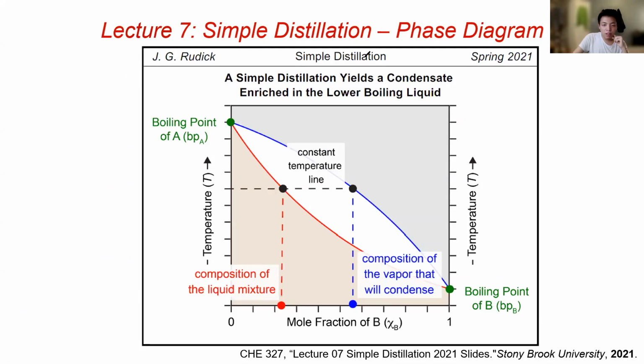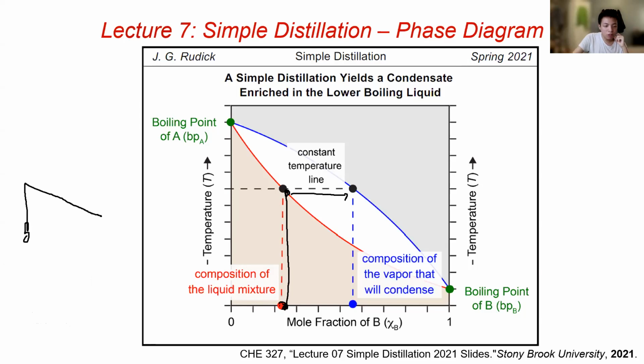So the trend is like this. Whenever you have a compound here, and it boils, reaches its bubble point, you draw a straight line through. This is the point where you will collect in the apparatus.